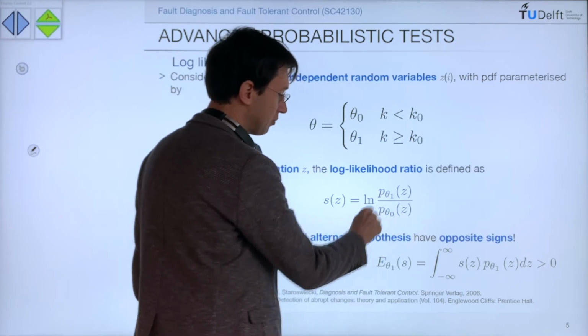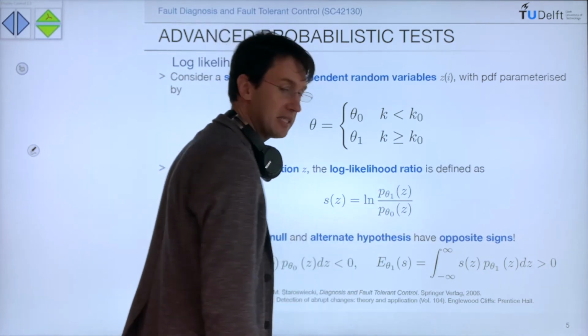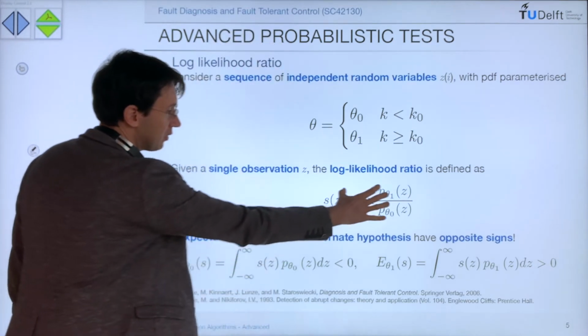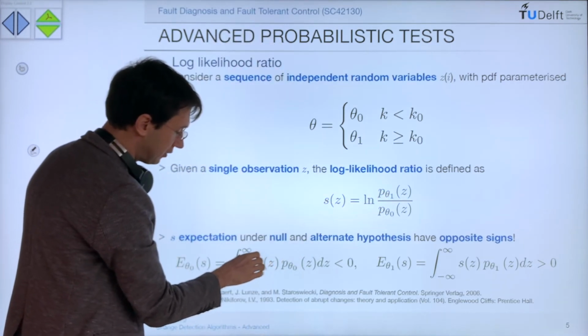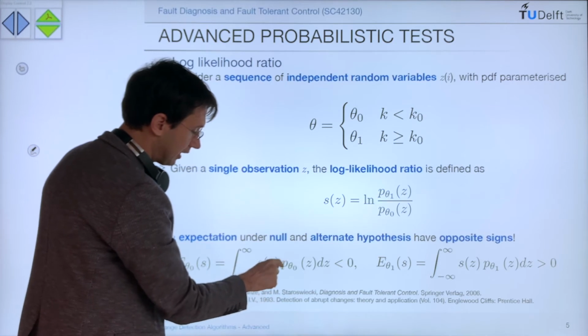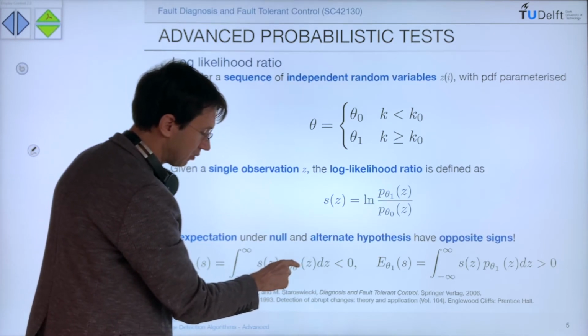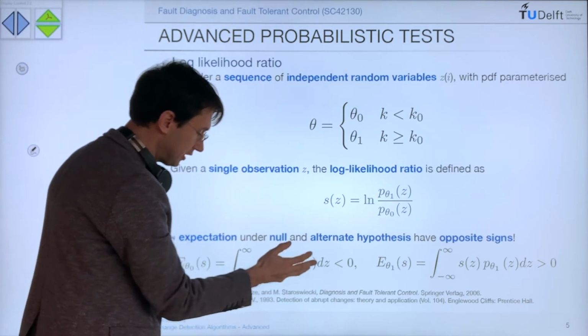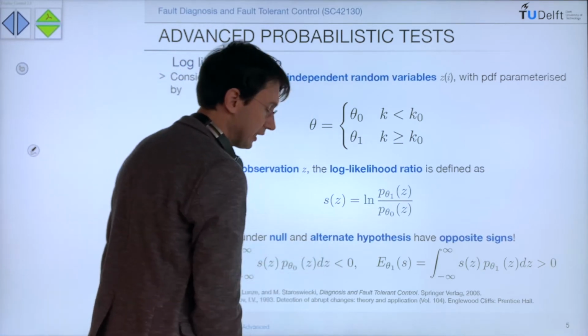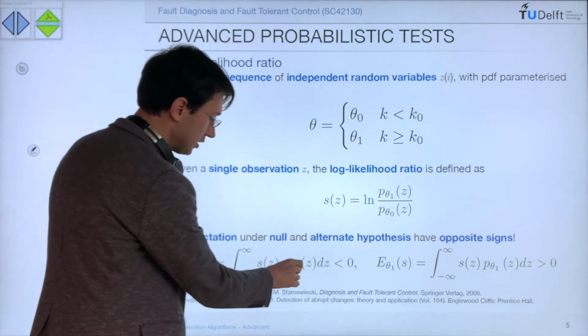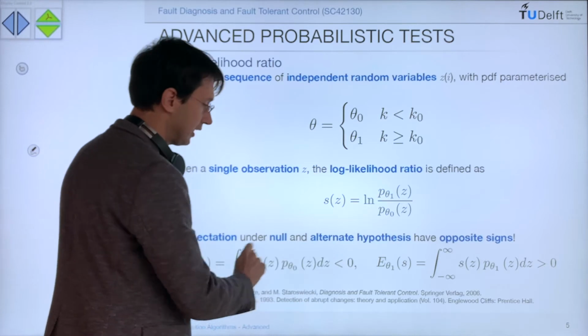So the ratio is smaller than 1, and the logarithm is negative. If you take a quantity that is always negative, and you compute this integral, and the probability here is by definition always positive, then the result is negative.